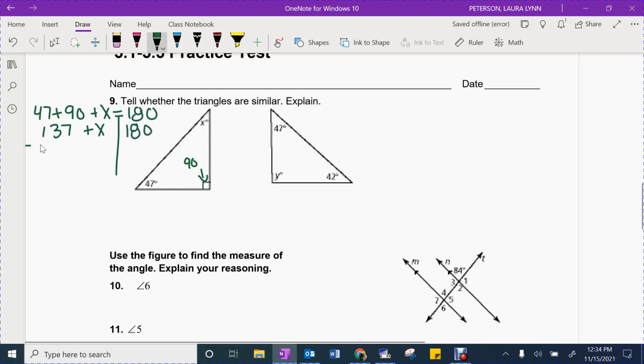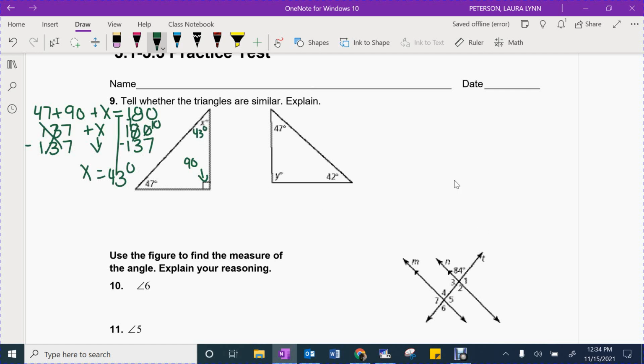Getting x by itself, I subtract 137. And this tells me my missing x value is 43 degrees. Again, you had to borrow from the 8 to make it a 7, which makes 0 a 10. So right now I know my missing value here is 43 degrees.